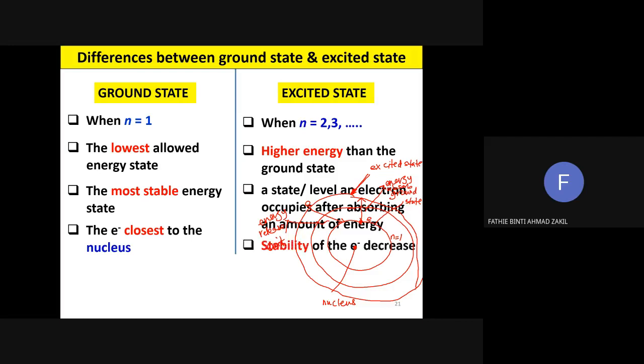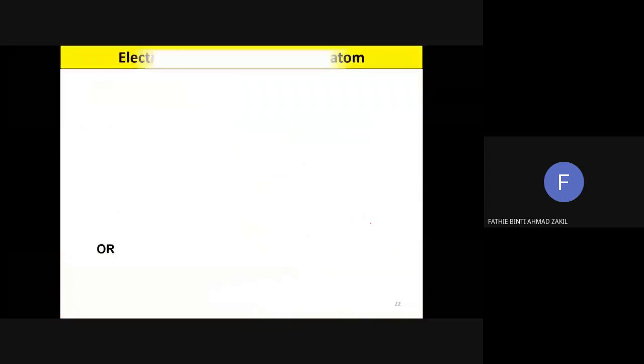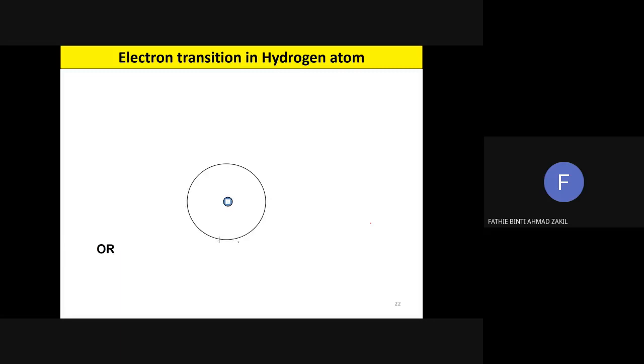Dan stability of electron decrease. Kalau dia semakin tinggi, dia punya stability of electron semakin berkurang. So yang ni adalah difference between ground state dengan excited state.